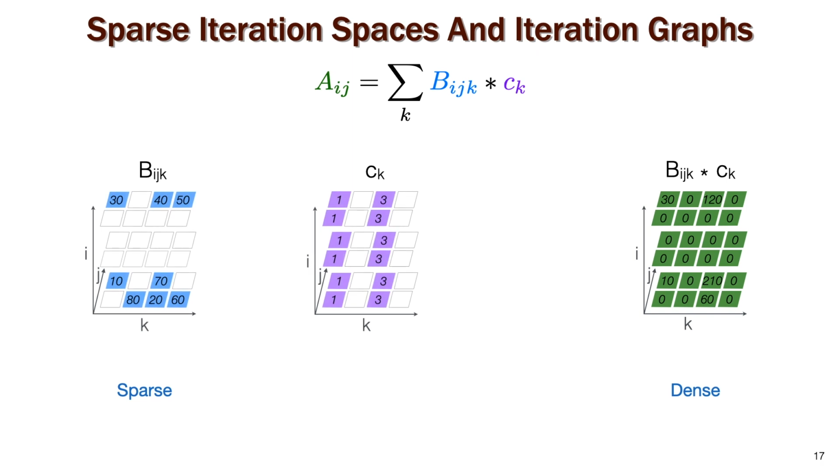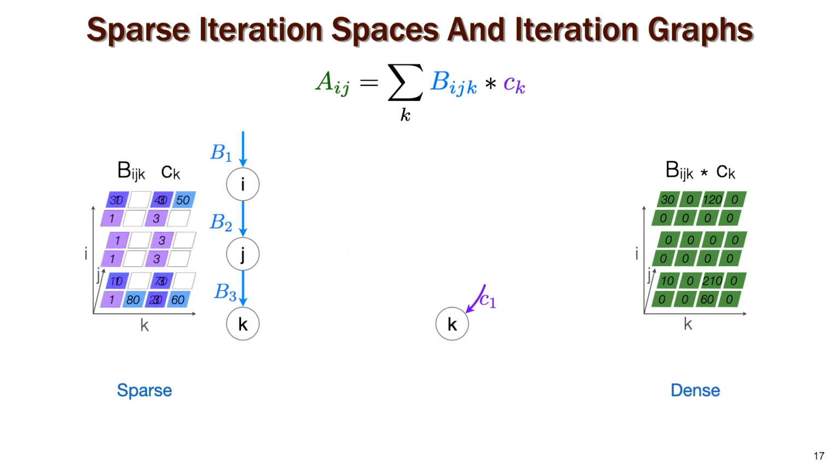However, if B and C are sparse, we have some additional restrictions. So for B, I can only iterate i, j, k in that order. And for C, I can only iterate k, that's only 1 dimension. And then I have to merge these two and co-iterate. And interestingly, because I am doing a multiplication, I have to intersect all these values and only iterate where things are intersecting.